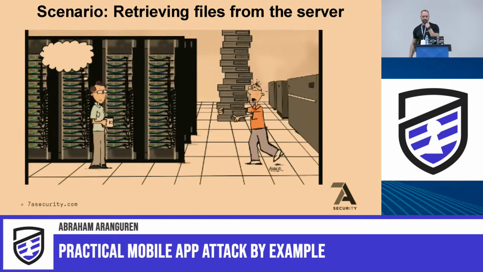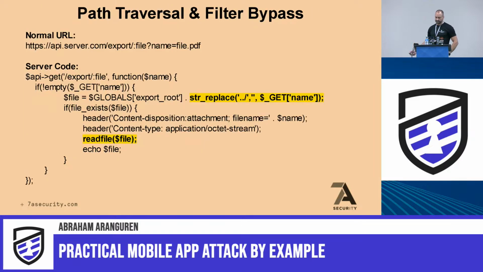So first example would be retrieving files from the server. In this case, we had an application that has this type of code here. It's trying to avoid path traversals like this. Can anybody see the problem with that? If you do this and you just remove it, are you safe from path traversal or not?